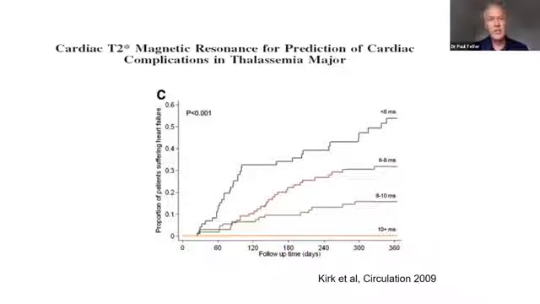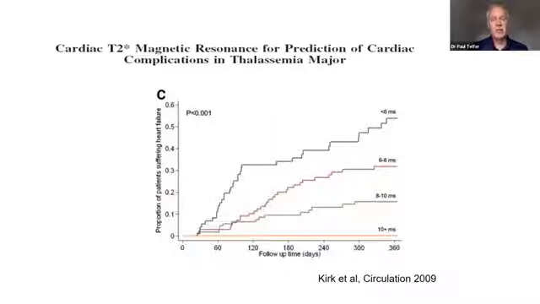Now, we use a measure of above 20 milliseconds as indicating no myocardial iron, and a level of between 10 and 20 as moderate myocardial iron. And you can see that below 10 milliseconds, the risk of cardiac disease becomes more apparent.